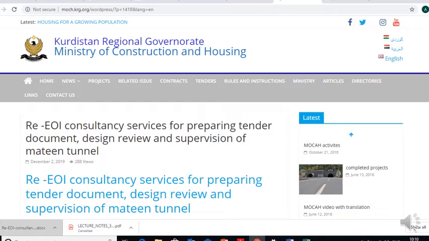The Mateen Tunnel is a project that the KRG wants to do in the next few years, and they're at the very early stage of project definition and maybe a little bit into the planning.